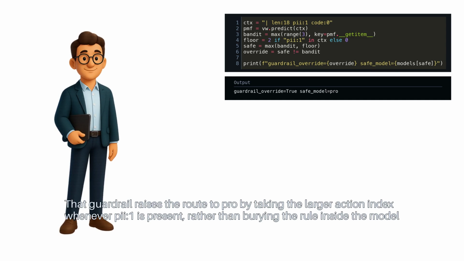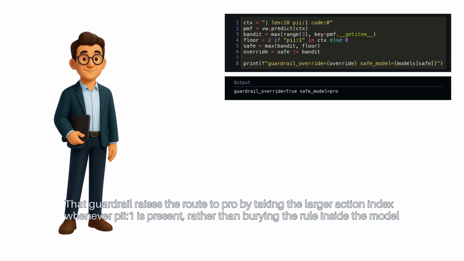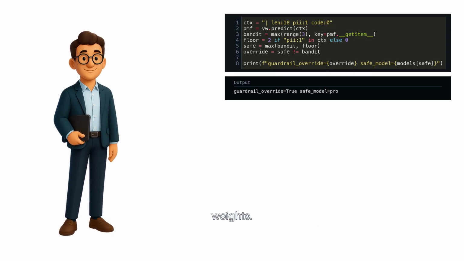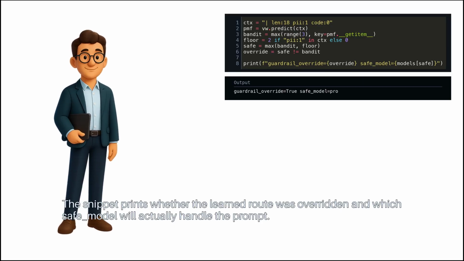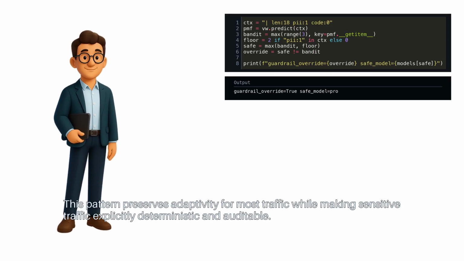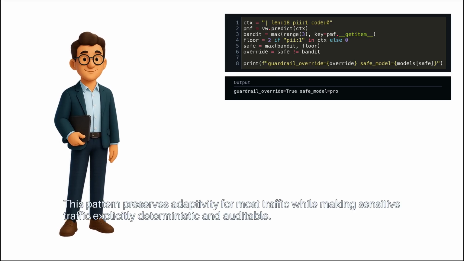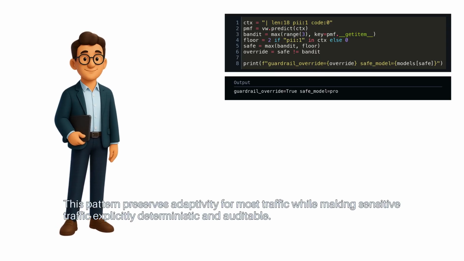That guardrail raises the route to pro by taking the larger action index whenever PII:1 is present, rather than burying the rule inside the model weights. The snippet prints whether the learned route was overridden and which safe model will actually handle the prompt. This pattern preserves adaptivity for most traffic, while making sensitive traffic explicitly deterministic and auditable.